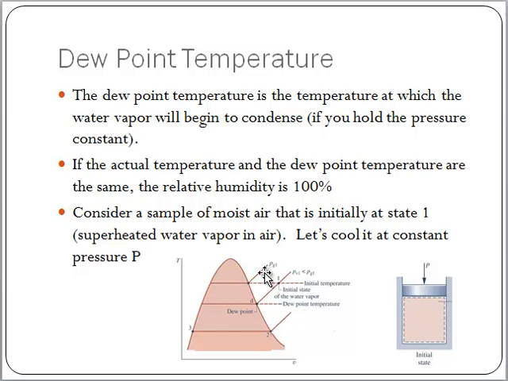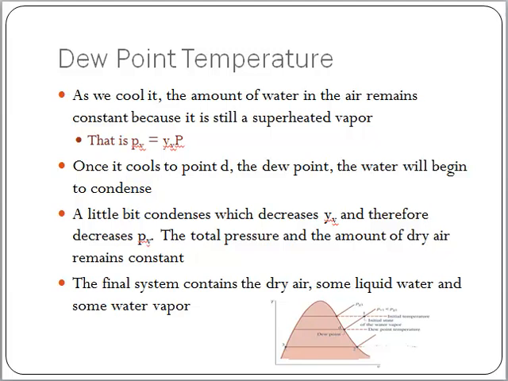So to make sure we all understand this, let's consider a sample of moist air. Initially it's at state 1, which is right here on this chart. It's a superheated water vapor that's in air, and I want to cool it at a constant pressure. So if I have a T-v diagram, then that means I'm going to follow a constant pressure line, and I'll do that until I reach the saturation curve.